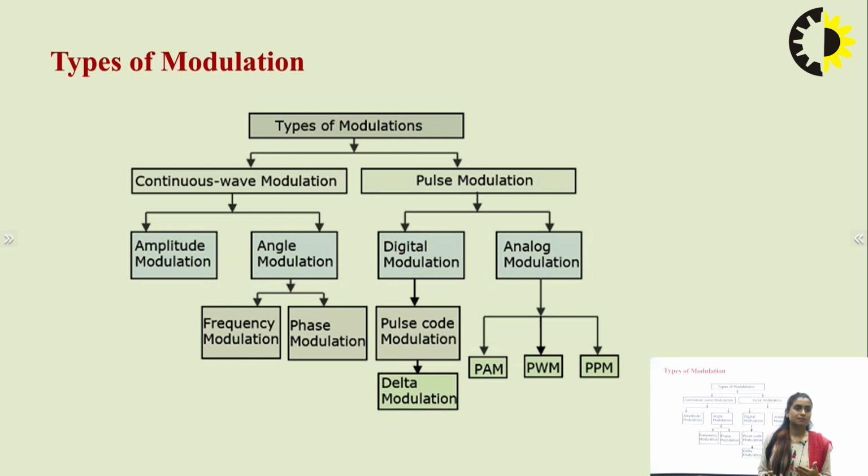So for that specific purpose, we need some transducer which will convert one form of energy into another. So after information source, we do need a transducer. Transducer will convert it into the desired format. That is, maybe the audio signal will be converted into electrical pulses, right? That is audio signal into electrical signal.